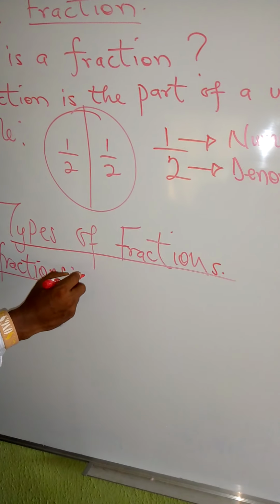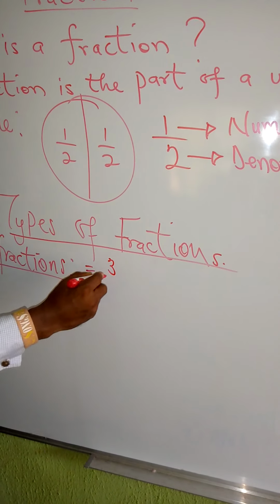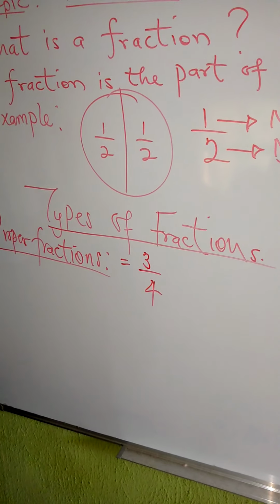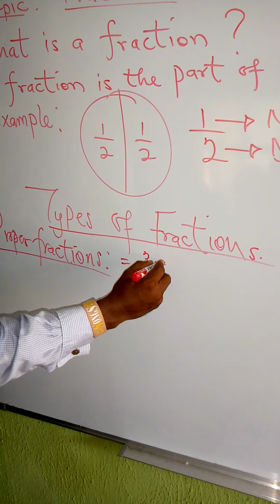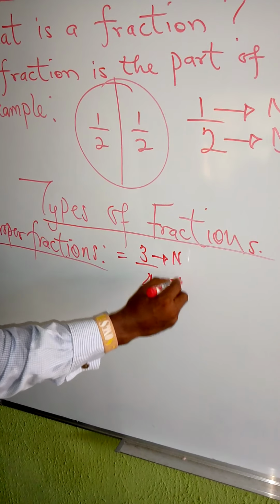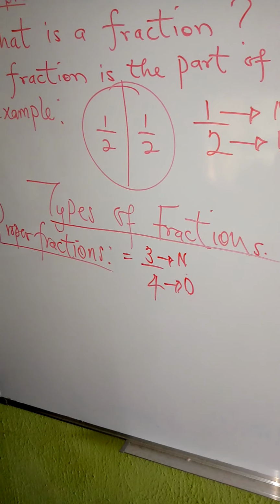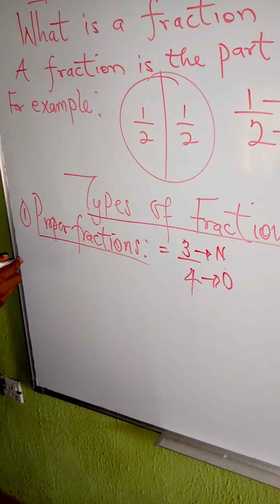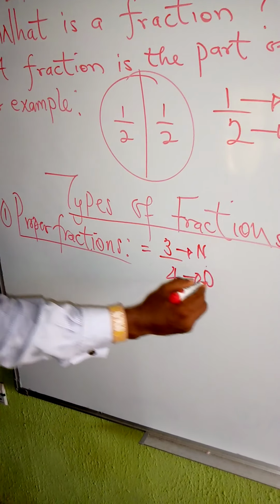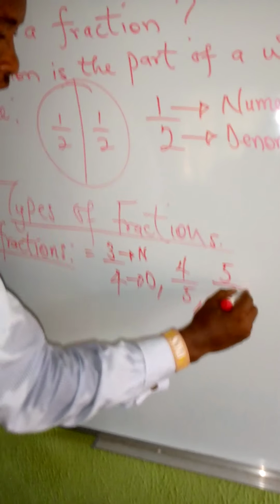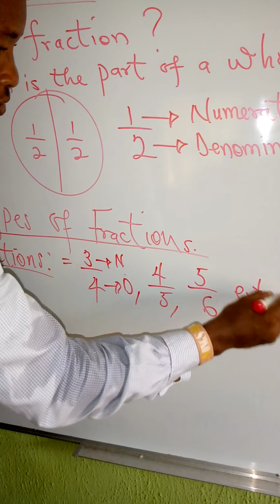For example, you have 3/4. 3/4 is a proper fraction because the numerator is lesser than the denominator. So any fraction whose numerator is lesser than the denominator is called a proper fraction. You have 3/4, you have 4/5, and you have 5/6, and so on.